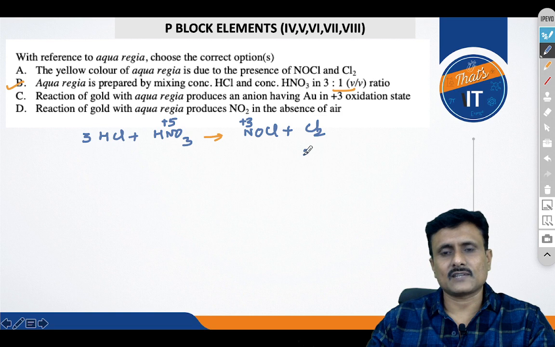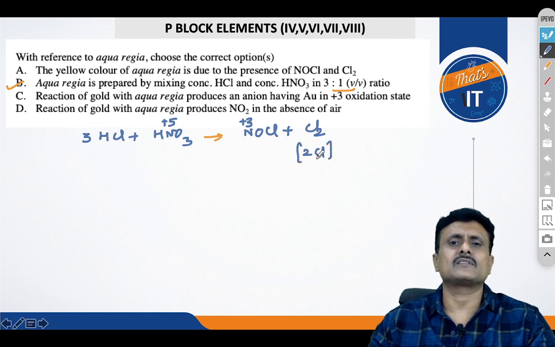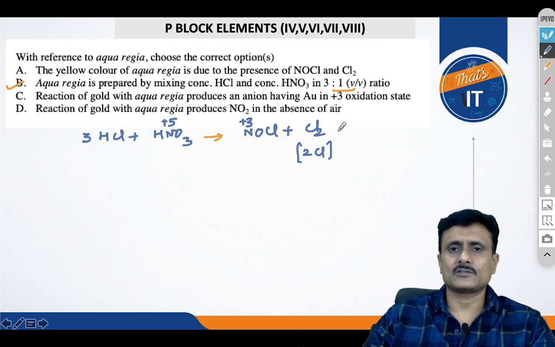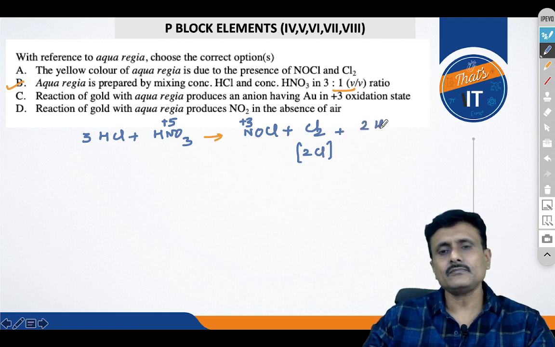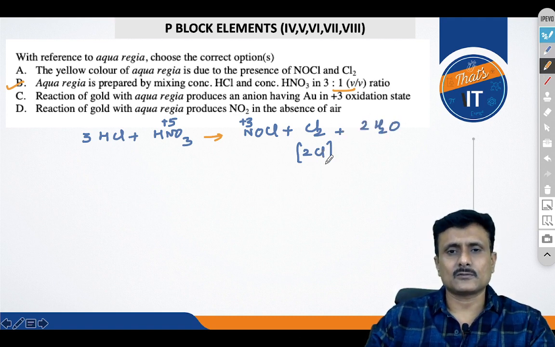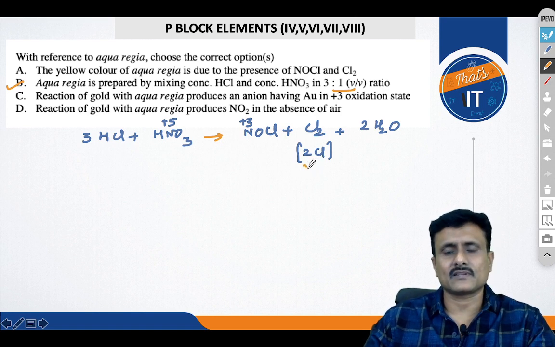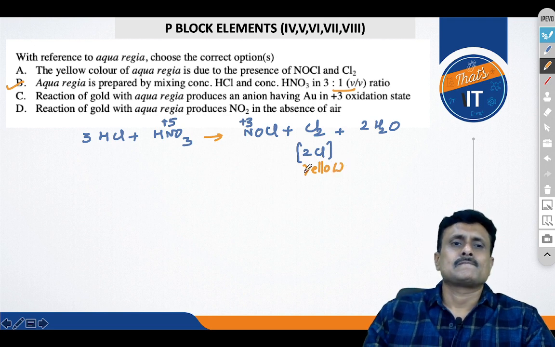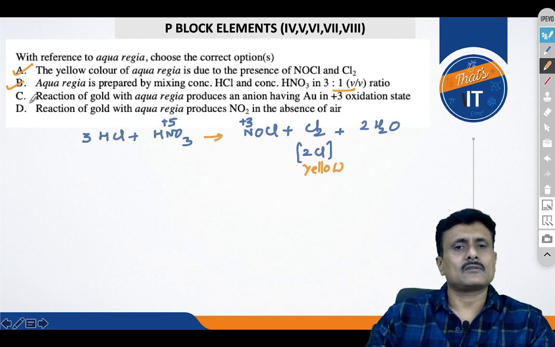So this Cl2 is actually nascent chlorine, which is combining with the gold in its redox reaction, and H2O, isn't it? So actually this chlorine is the gas which is making it appear yellow. So this A is correct and also B.